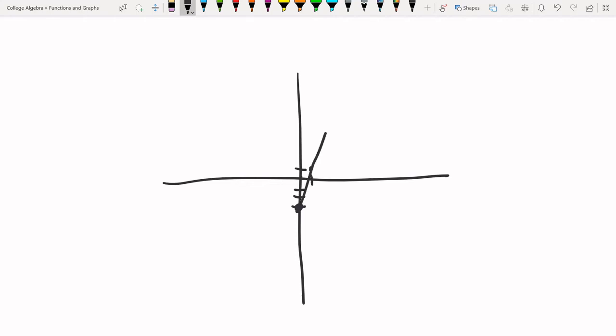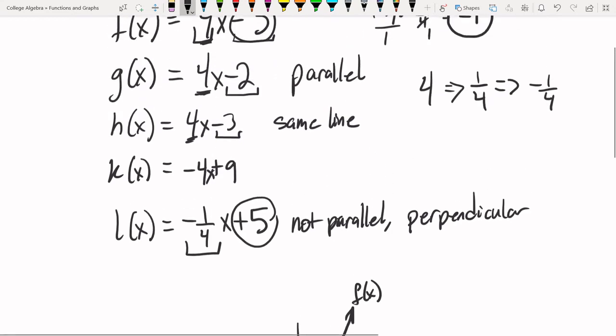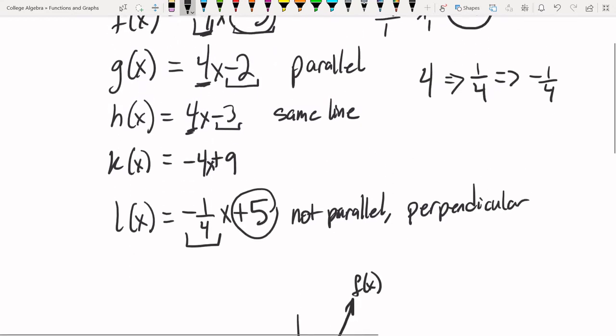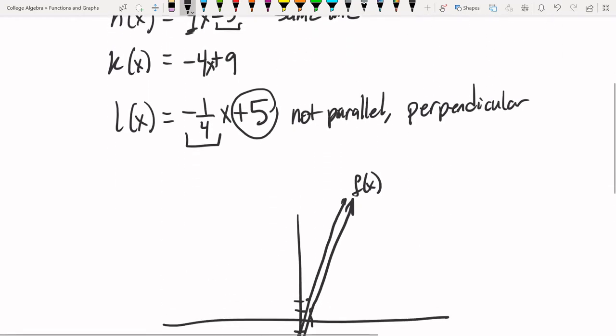So that's 4x minus 3. And so that's going to be f of x. g of x is parallel, so 4x minus 2. That's going to be here. There. And you see the lines, if I drew them better, you'd see that they'd be exactly parallel. That is g of x.